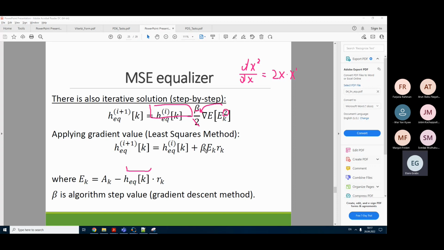So we can say that here we have beta divided by 2 multiplied by 2. This 2 is coming from the power of the error, and after the derivative calculation, we are left with this error itself. And furthermore, we calculate the derivative of what's inside this error equation.